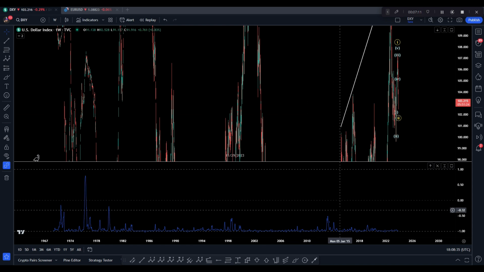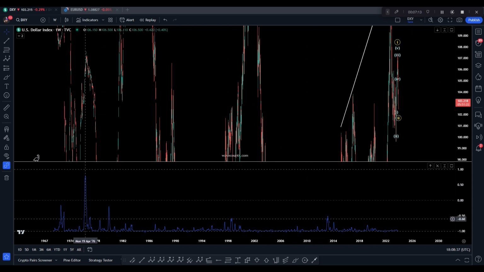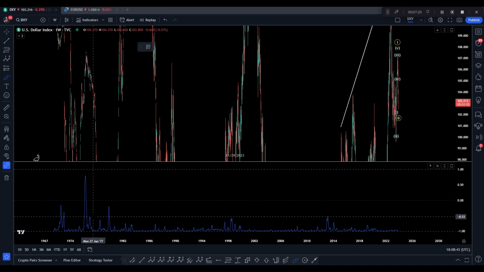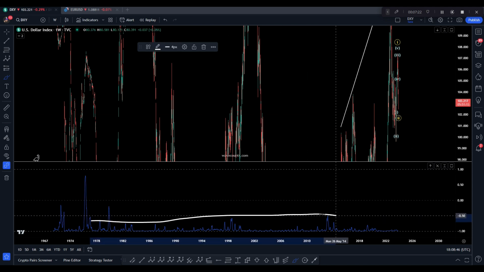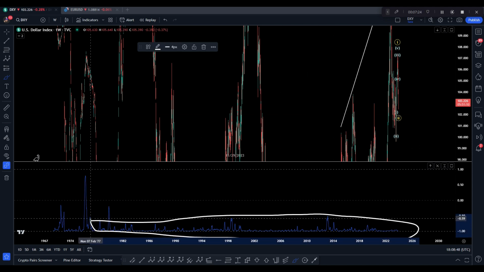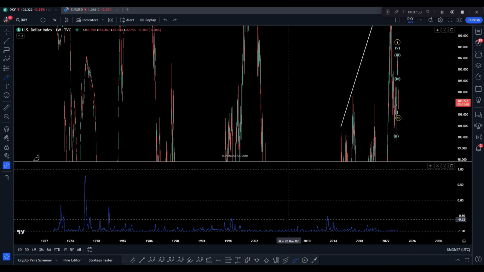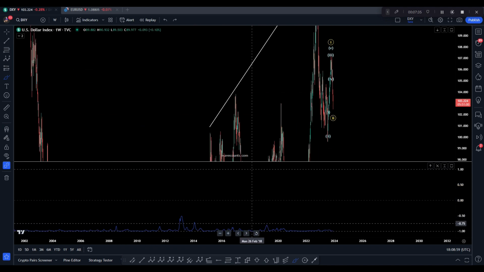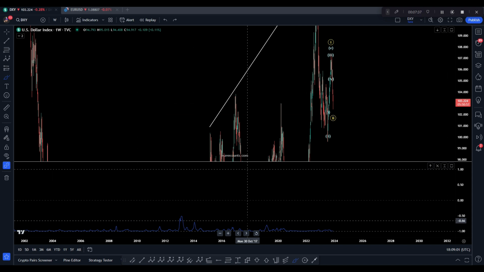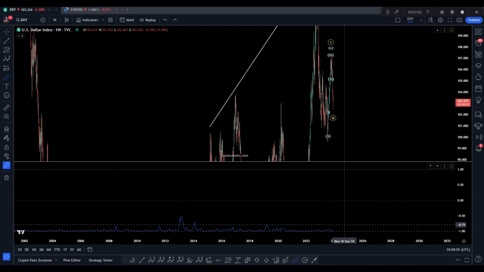The entire history, albeit just a couple little spikes back here in the 70s, the entire correlation of this index has been negative its whole life except for a very brief time in like 1975. That's a negative correlation. Okay, so if you want to trade the dollar index, then in reality what you want to do is trade the euro.